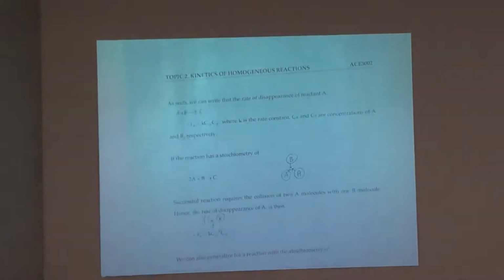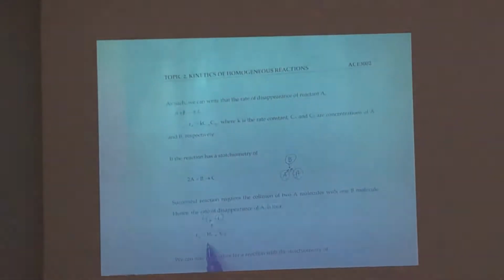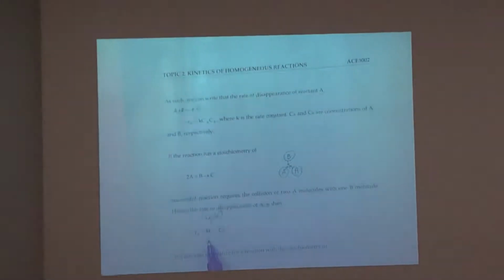Okay, so when you see this equation, you should know how to draw the rate of reaction already. You must be familiar with this, because more and more we are going to use this. Okay, so for now, cut it short.